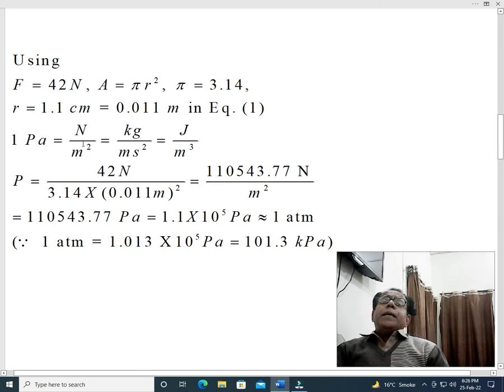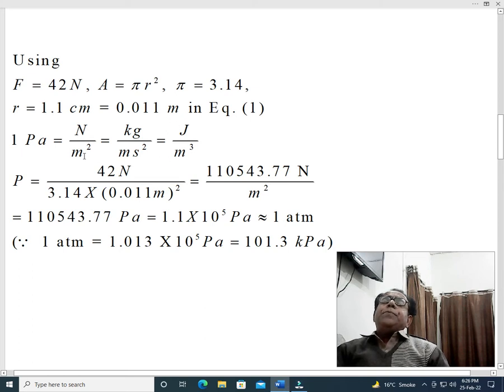So if we use the value of Newton, then it takes the form 1 Pascal is equal to 1 kg over meter second square. And in another alternate form, it can also be written as 1 Pascal is equal to 1 joule per meter cube. We have nothing to do with this last equivalent value.